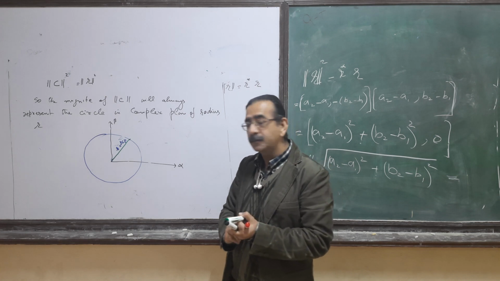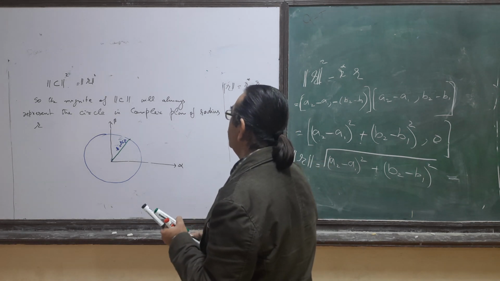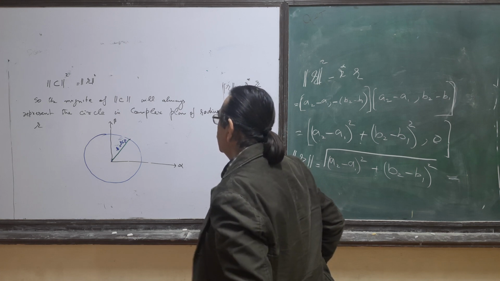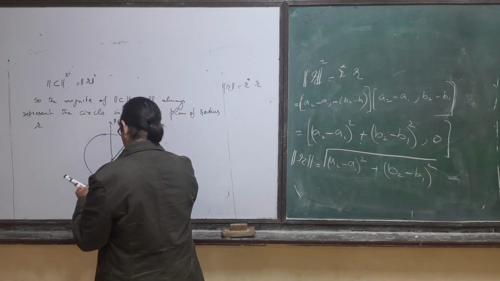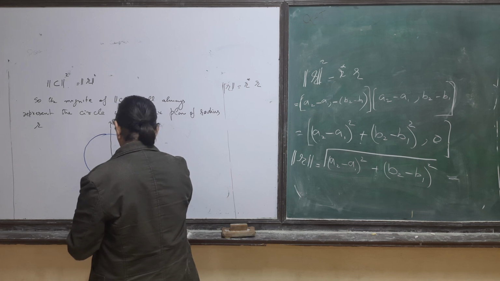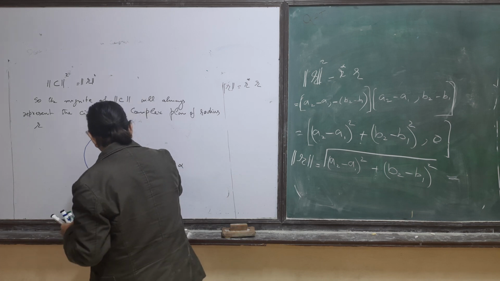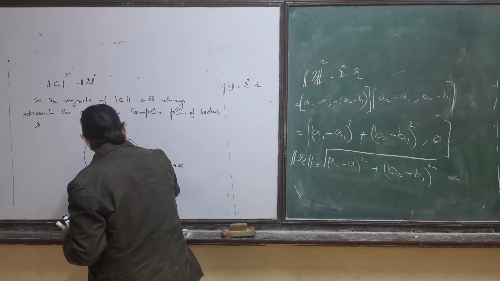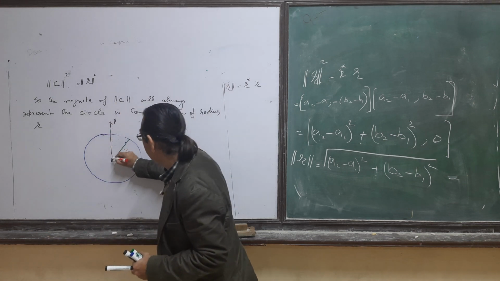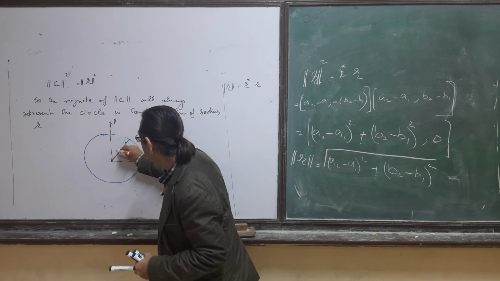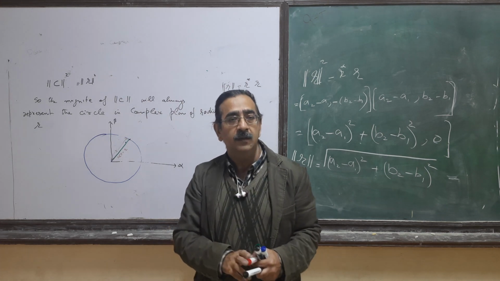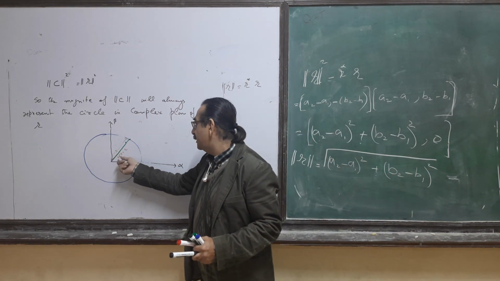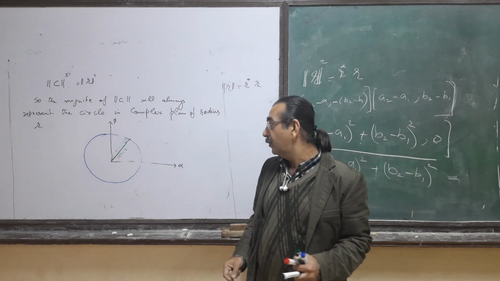Got it? So the magnitude of C will represent a circle in the complex plane of radius R. Again, this C will be R, and this length is R, because the magnitude will be equal to this.